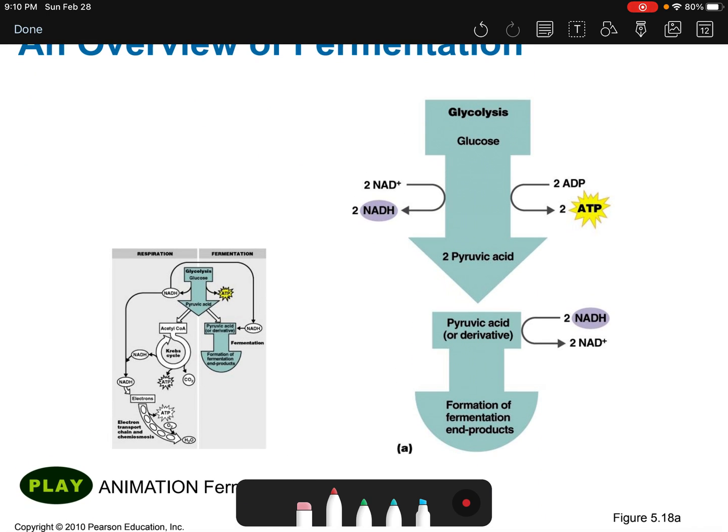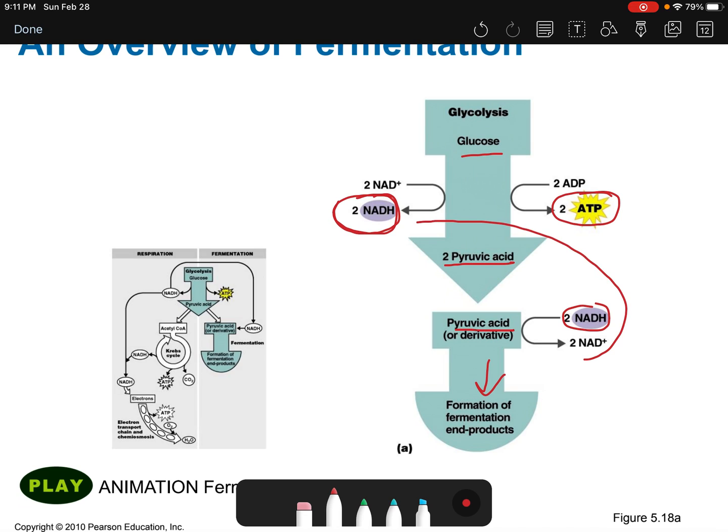Here you can see we still get 2 NADH, 2 electron carriers produced, and we get 2 ATP produced from glycolysis. That doesn't change when we break the glucose down into 2 pyruvic acid. But once we break that pyruvic acid down, we need to use those 2 NADH to further break that down into the end products.